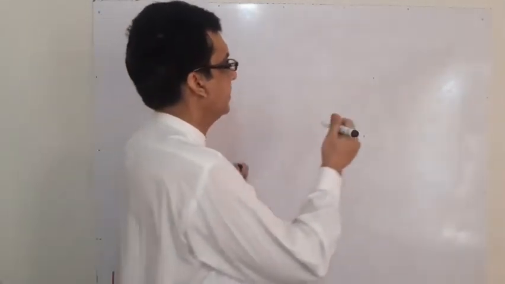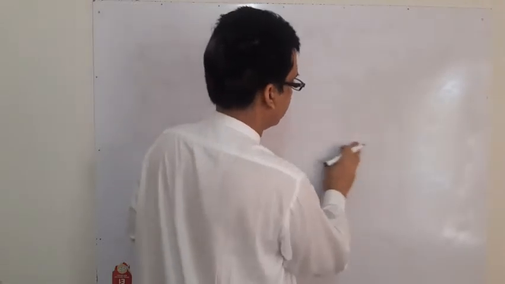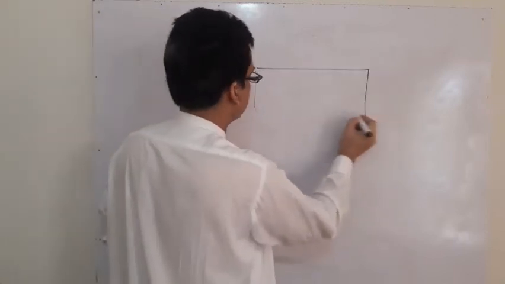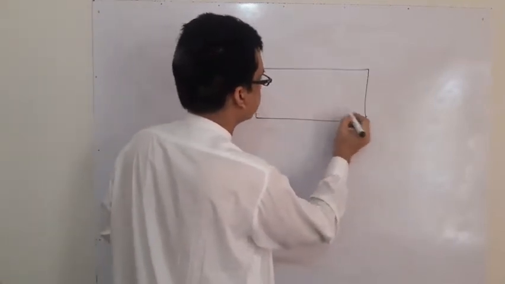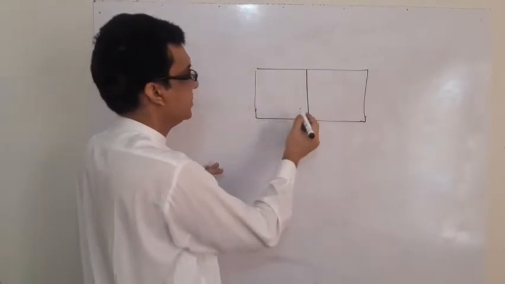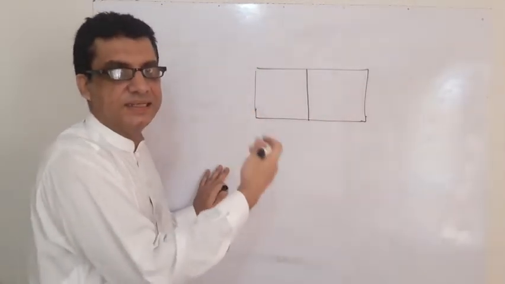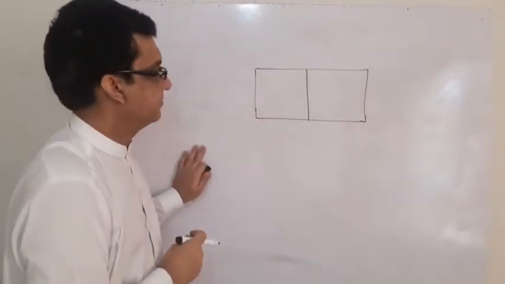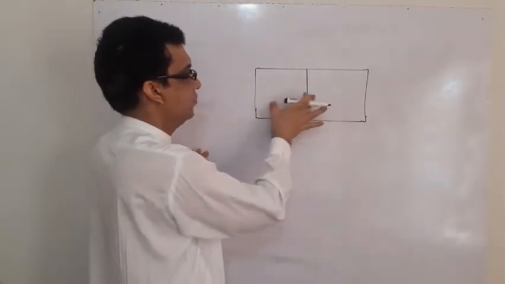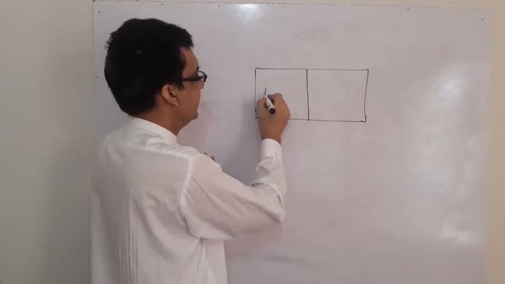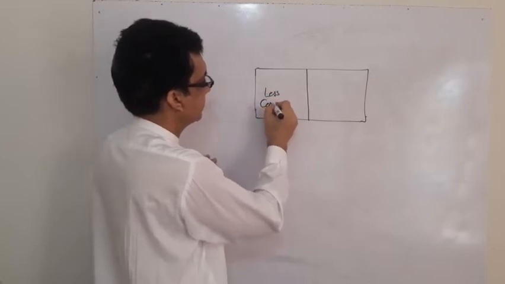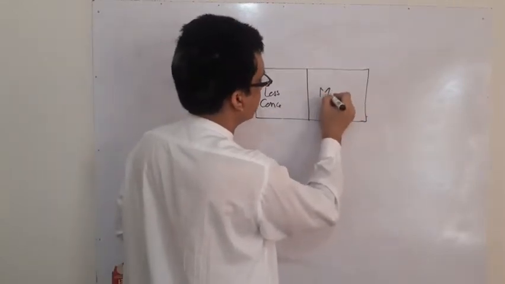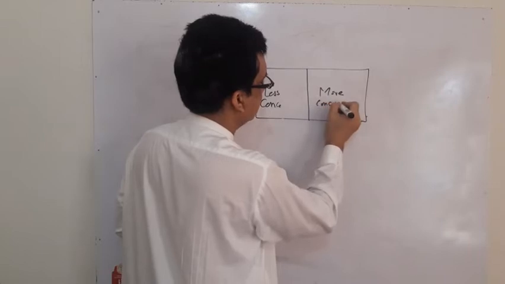Let's suppose that there are two solutions. This is your previous class 9 revision about osmosis and diffusion. One is less concentrated and on the other side there is a more concentrated solution.